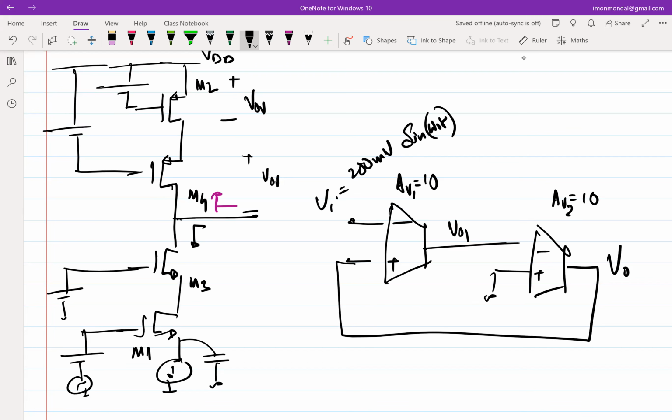How much will V0 swing by? Four volts? Why? V0 will swing by 10 times of VI. Let's forget about V01. I'm asking about V0. What will be the gain between VI and V0?